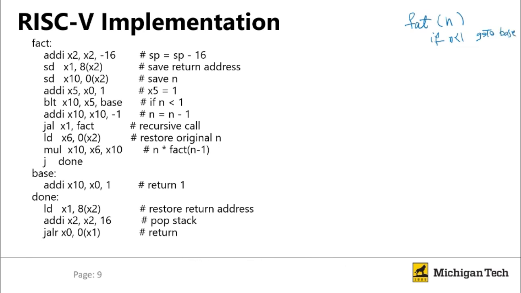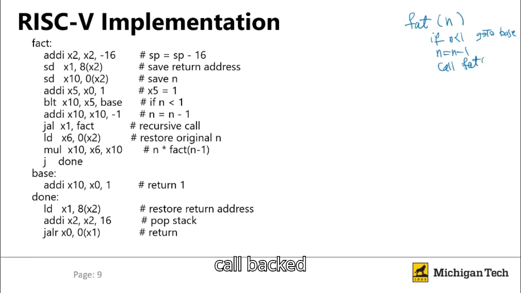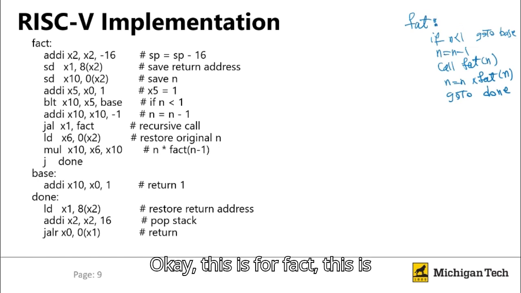Other than that, n is n minus 1, and then call fact n, call itself, and then put n is n multiply fact n, and go to done. Base is n is 1, and done is return n.